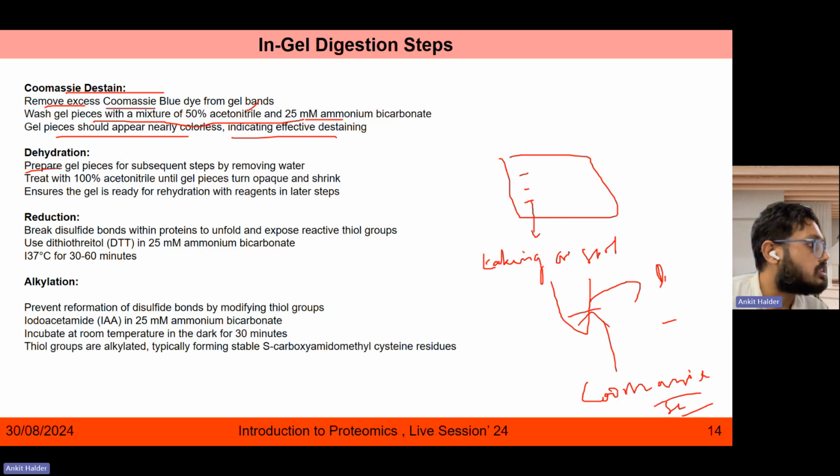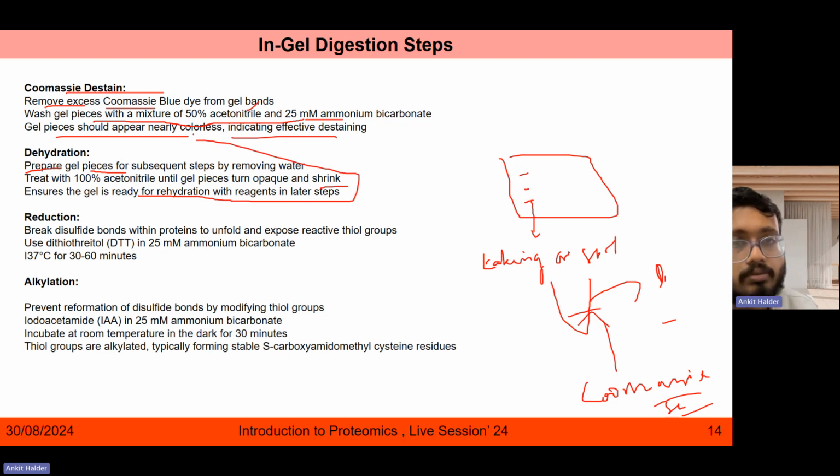Then for dehydration, we prepare the gel pieces for subsequent steps by removing water with acetonitrile. The gel pieces become opaque and shrink. The gel is ready for rehydration with reagents in later steps.